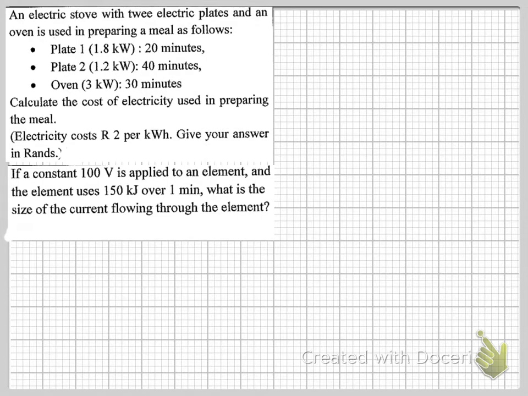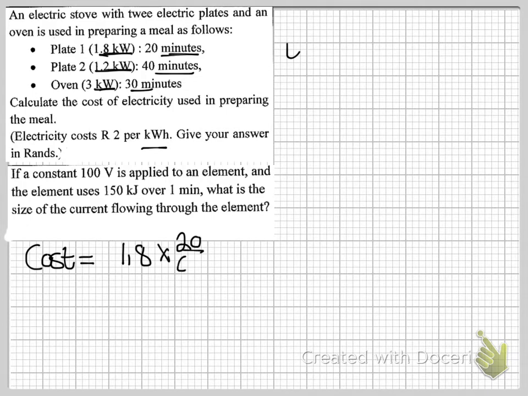So we need to change these quantities into a kilowatt hour quantity, right? So the cost is equal to 1.8 multiplied by 20 over 60.